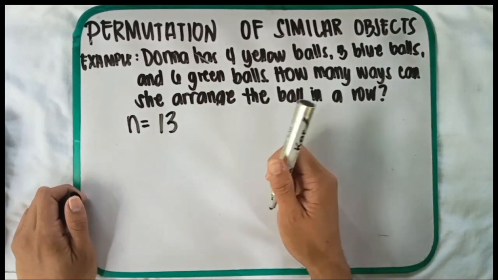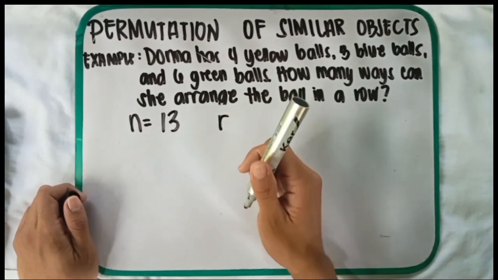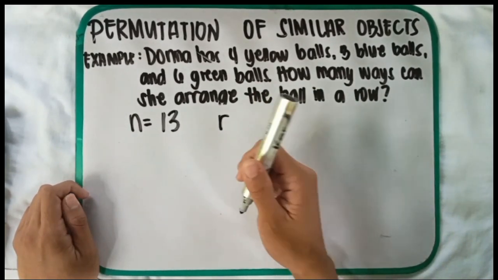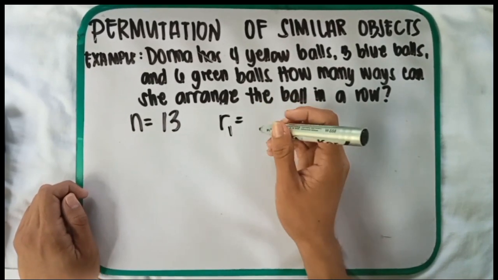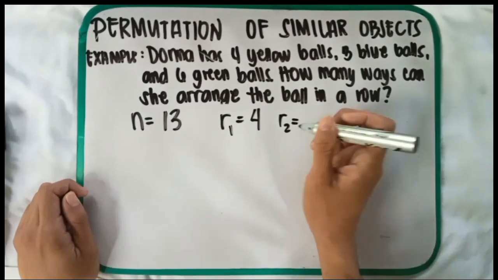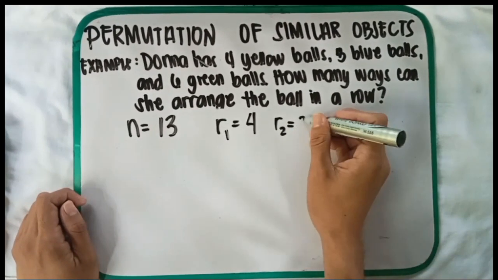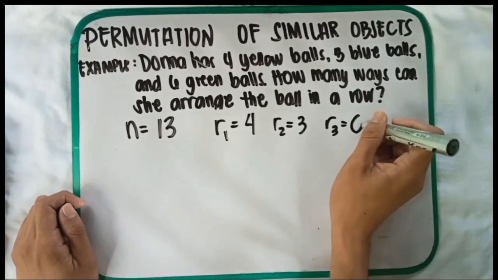Since we have 3 different colors of balls, we're going to divide them into 3 r's: r sub 1, r sub 2, and r sub 3. r sub 1 is equal to 4 yellow balls, r sub 2 is equal to 3 blue balls, and r sub 3 is equal to 6 green balls.